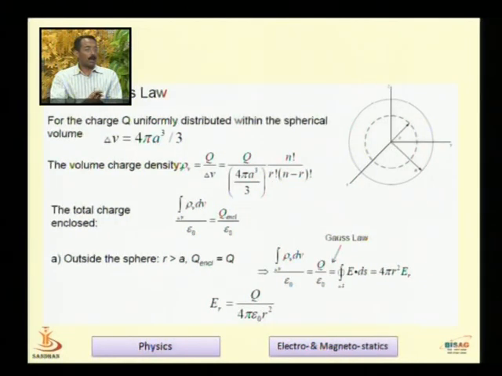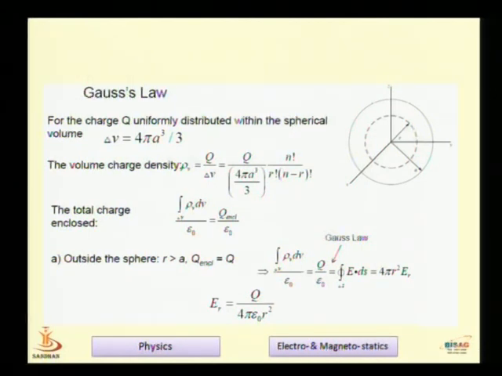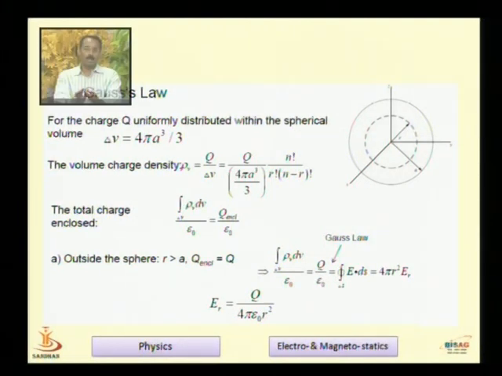Now here we are again considering a problem. So here, using Gauss law, one can compute electric field. Suppose you are given a charge distribution, a sphere of charges, where charge is distributed uniformly over the sphere.